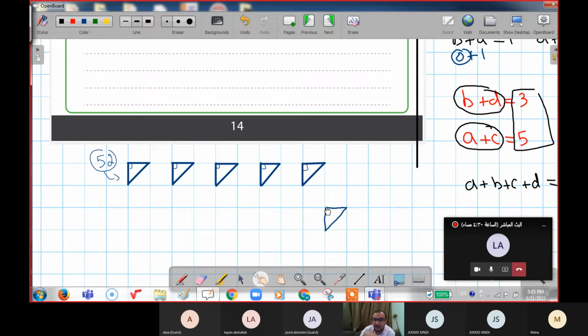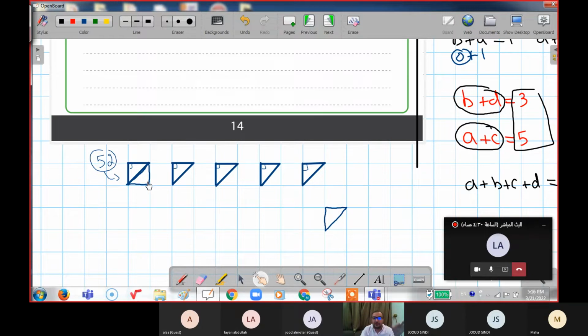Okay? For example, this one is like this. I will make another one like this. So if, for example, Layan, I move this one here to here, I will get what? I will get a square. So she wants to use this method.